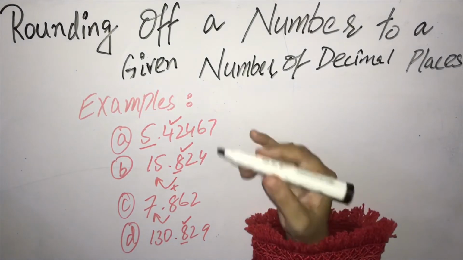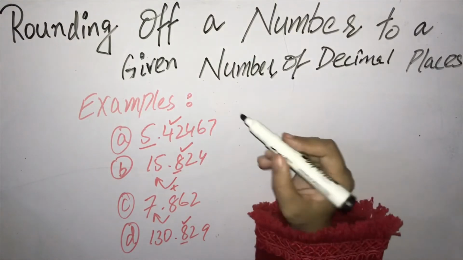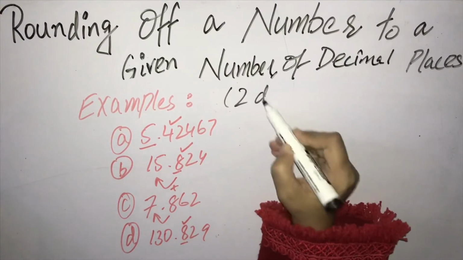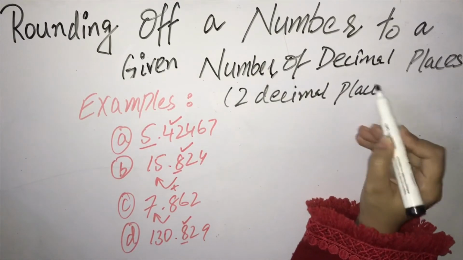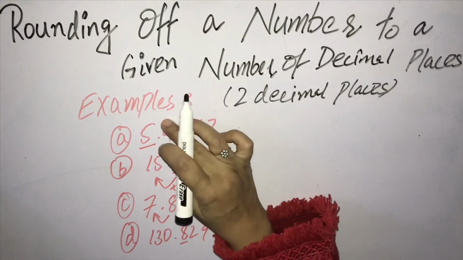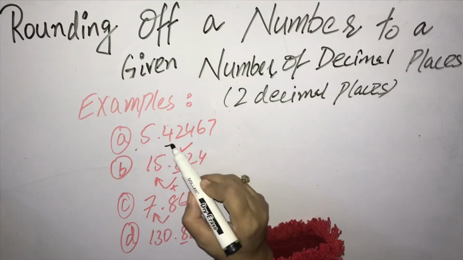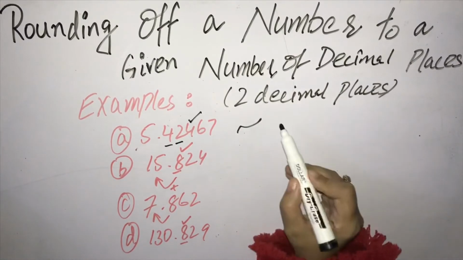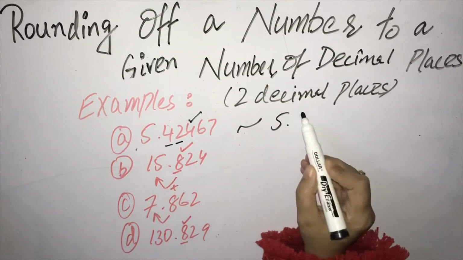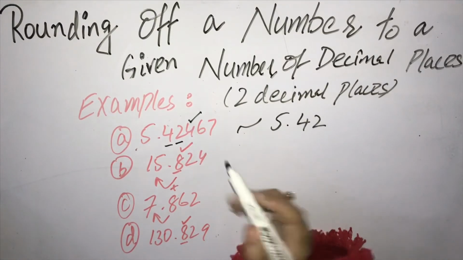Okay, if you have to write the answers of all these correct to 2 decimal places, what you will do in this case, you will have 2 decimal places like this and you will check the third one. Your answer will be 5.42 as the third decimal number is less than 5.